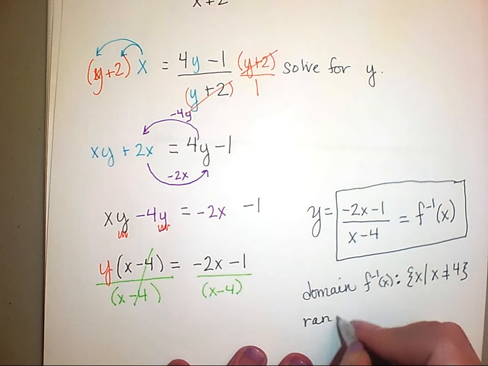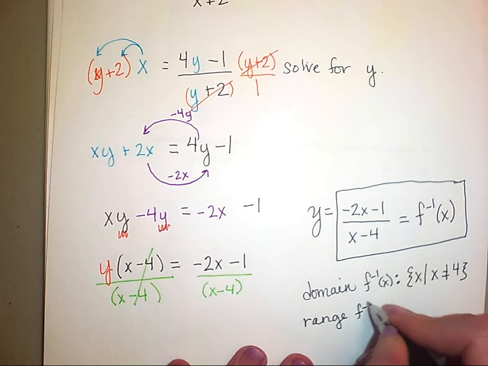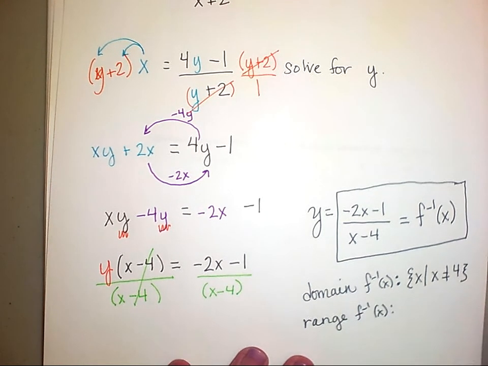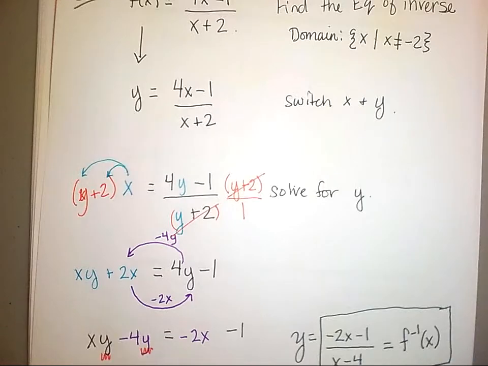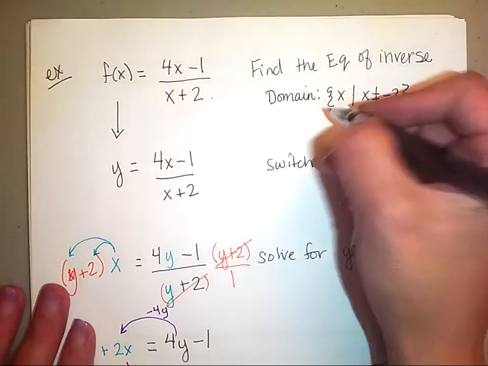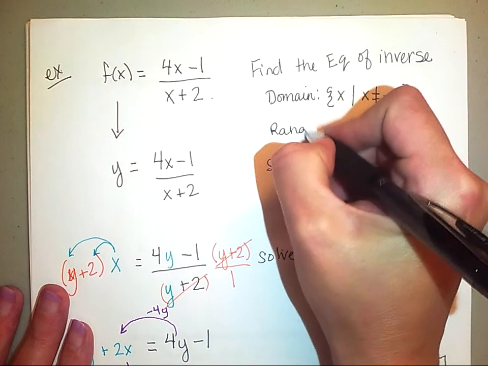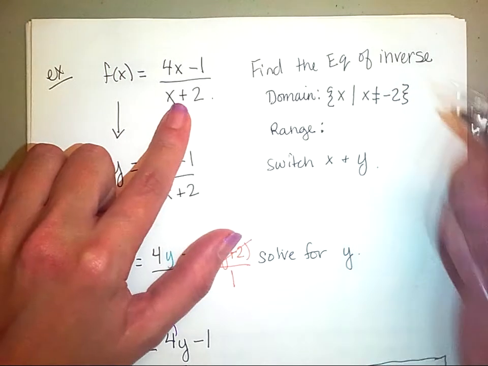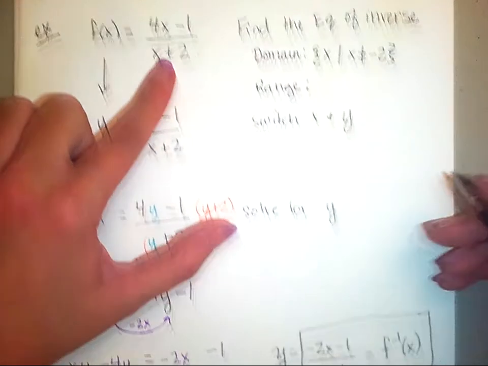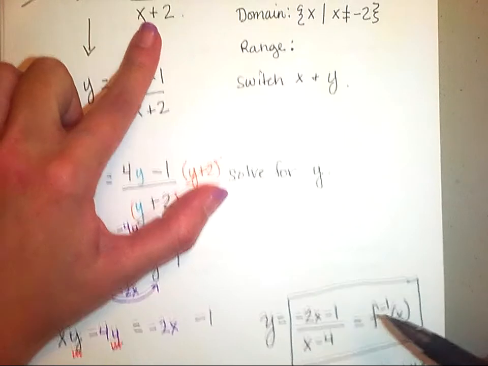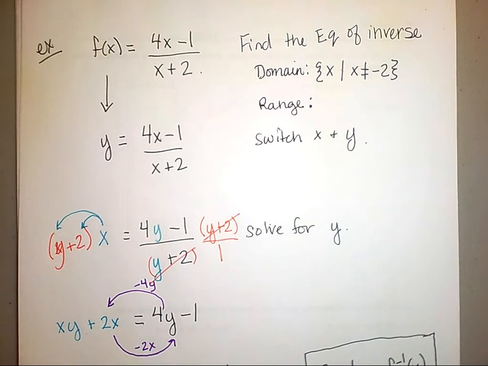Now a harder question becomes, what is it about the range of f inverse? What if I wanted to look at that? Alternatively, what if I wanted to look at the range up here of f? Now this is not so clear, just looking at these functions, either one of them, what the range is.